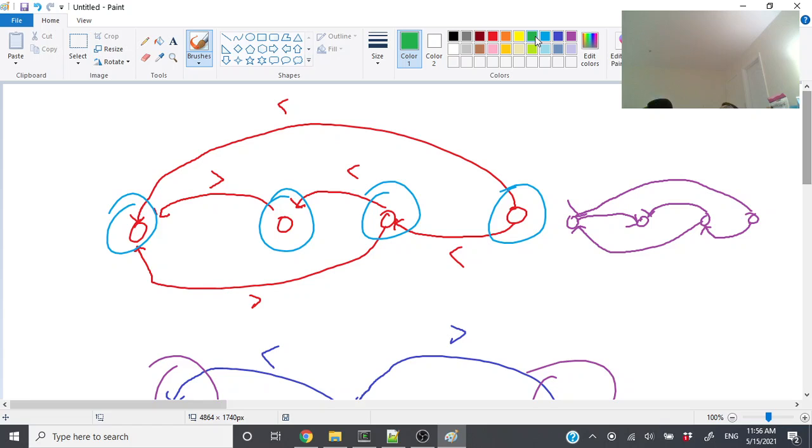Well, how does this work? We get some like groups that have to be next to each other. Right? So how does that work?